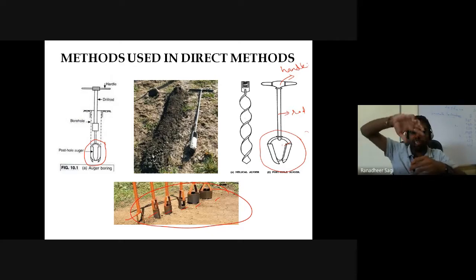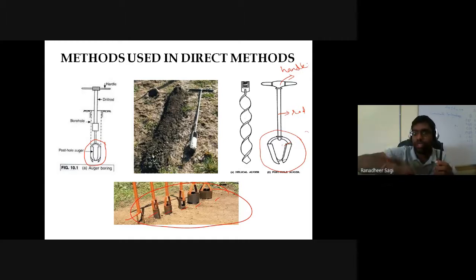In the process of rotating the handle, this auger which has cutting edges will start cutting the soil which is coming in the way of pushing your auger into the ground. While rotating your handle, the auger also gets rotated.